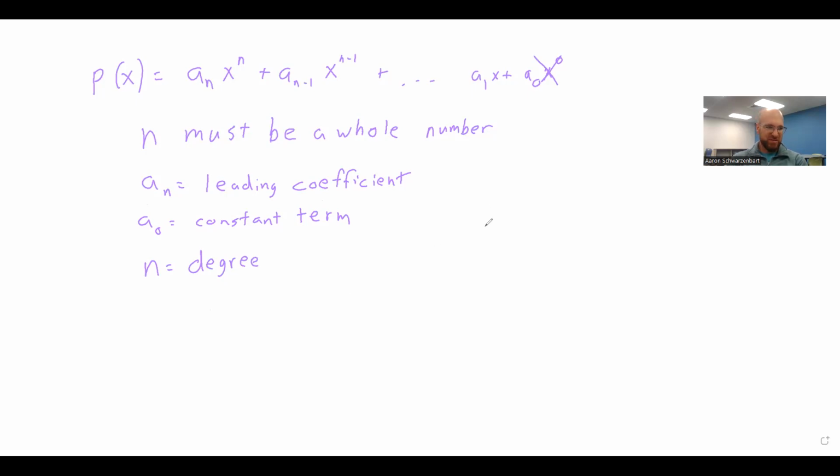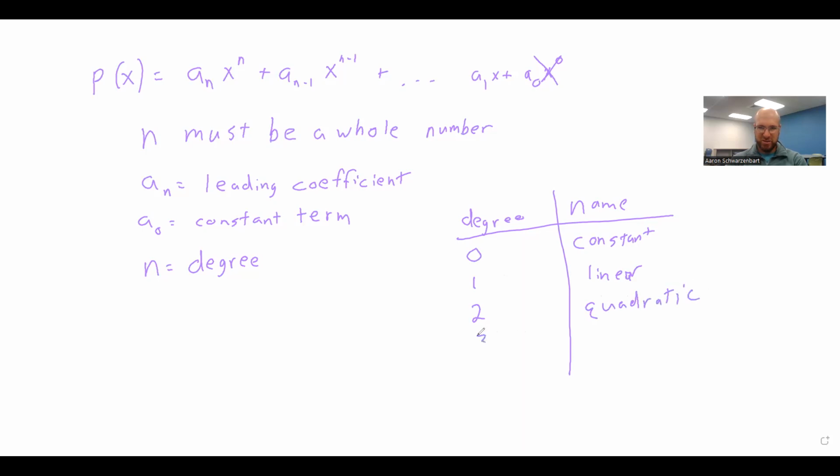Names for different degrees. I'm going to write it out in kind of a table here. Name. Degree 0 is known as constant. That's a horizontal line. Degree 1 is known as linear. Degree 2 is quadratic. You should be familiar with all of these so far.